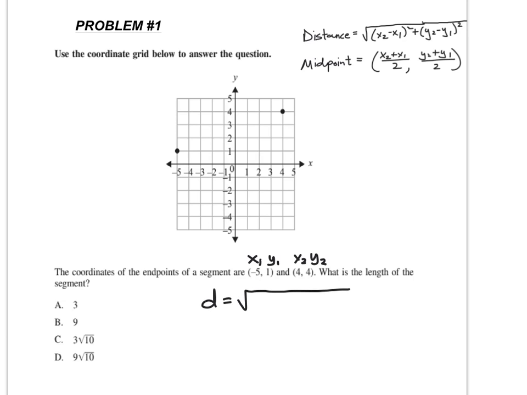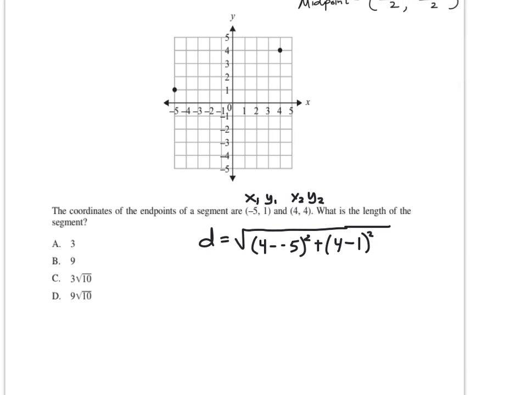So as we do that, in the distance formula, x2 in this case is going to be 4. We're going to subtract x1, which is negative 5. We're going to square that. We're going to add that to y2, which is 4, minus y1, which is 1, and we're going to square that.